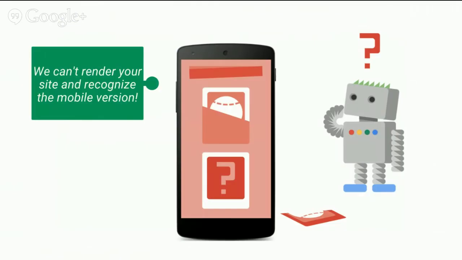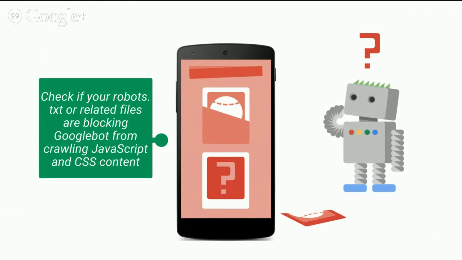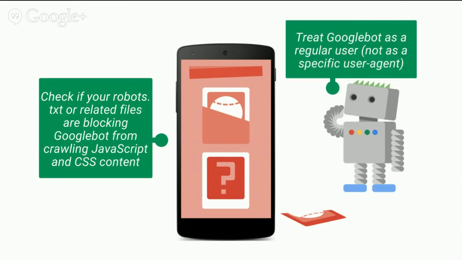The key piece to remember is that Googlebot needs to be able to render your site and recognize the mobile version of it. And specifically, you should check if your robots.txt file is allowing Googlebot to crawl your JavaScript and CSS content. If Googlebot can't crawl your JavaScript and CSS, can't see it, and those CSS or JavaScript files are important to make your page responsive on mobile or operate well on a mobile, then Googlebot won't be able to interpret that your page is mobile friendly.